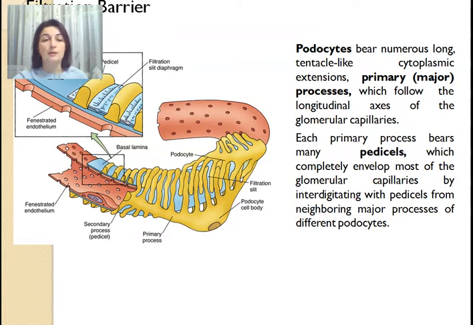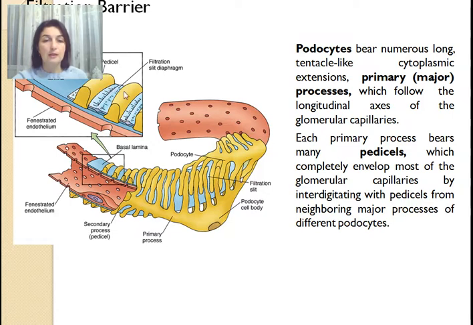which stop the passage of substances which are larger than 90 kilodalton. Then we have the basement membrane, about which we will talk later, and we also have filtration slits. These are spaces between the neighbor pedicels. Here we see these filtration slits, which are not open, and they are covered by the filtration slit diaphragm.